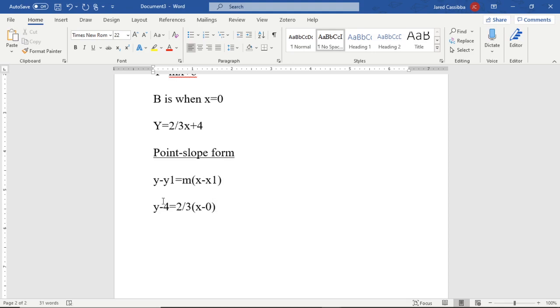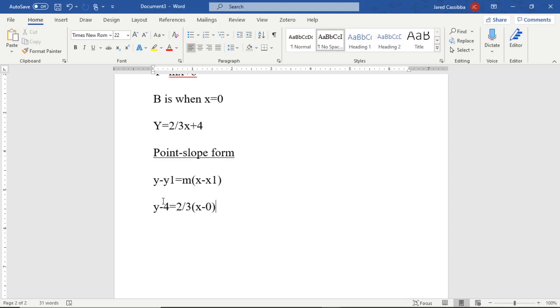And there's your point-slope form. Now again, you can take the point-slope form and change it to either be the standard form, which is x and y on the same side, or solve for y and get the slope-intercept form. All those are correct. They mean the same thing.